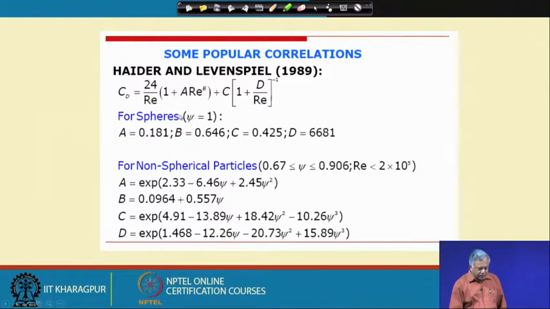You see A is equal to 0.181, B is equal to 0.646. So, when you try to use these equations, you must look at the original publications, at the limitations, and what particle types they used while proposing these equations, because that is the main limitation of any empirical model.